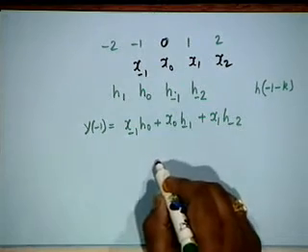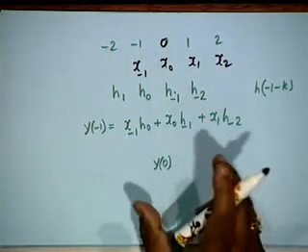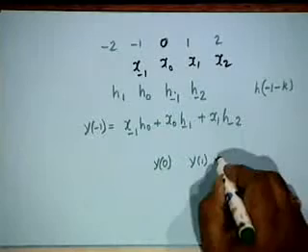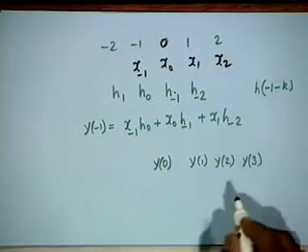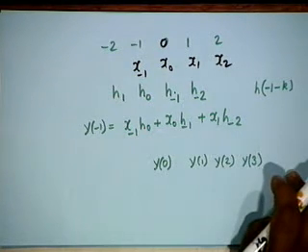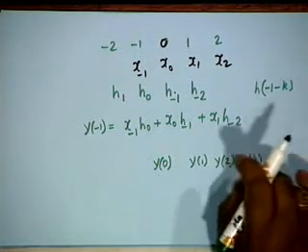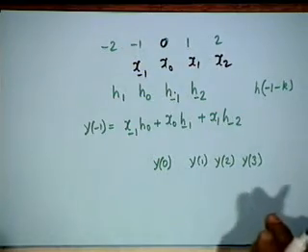You will notice that in total there are 7 non-zero samples of y. We shall have y0, y1, y2, y3. If we go beyond k equal to 3, then the impulse response goes out of the range of vision of x.